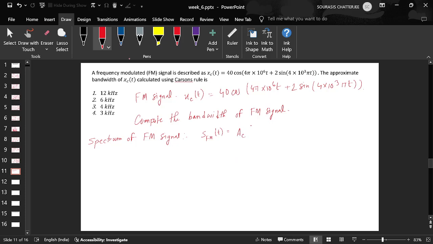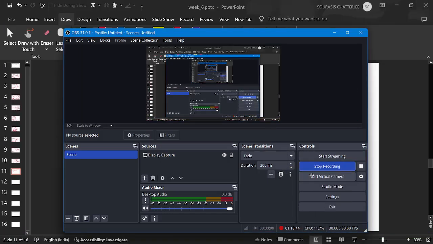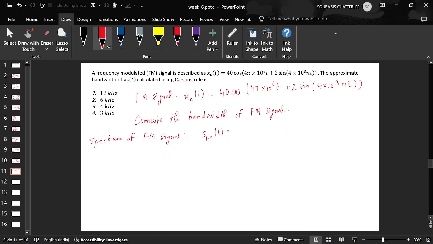It is as follows: you have Ac cos(2 pi fc t plus the maximum phase deviation, which is also the modulation index, beta times sin(2 pi fm t)), right? This is the standard expression we have been seeing on multiple occasions.